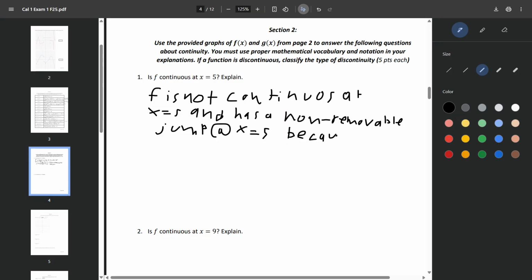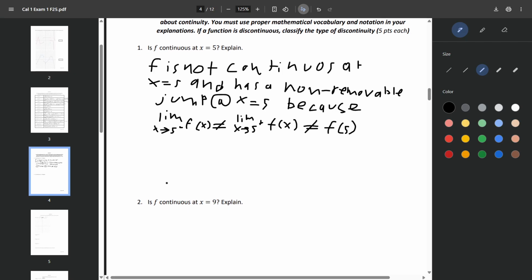Because, and we need to show in mathematical form that these 3 things are not equal. So limit of x approaching 5 from the negative side of f of x is not equal to limit of x approaching 5 from the right of f of x, which does not equal f of 5.